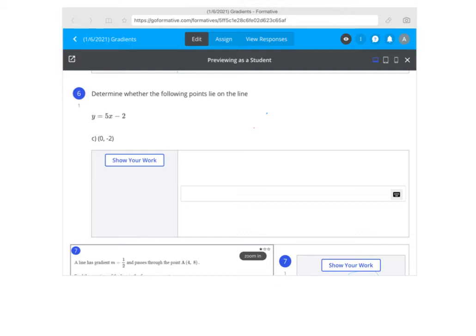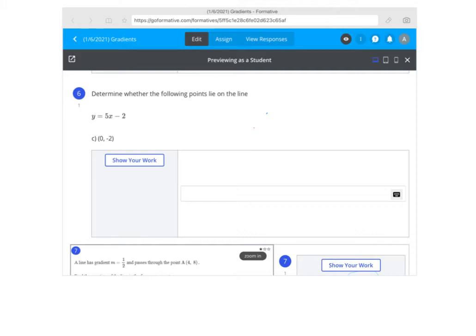Since our b here is -2, that means that our y-intercept is going to be (0, -2). And so since our y-intercept is this point, then therefore this point will definitely be on our line.